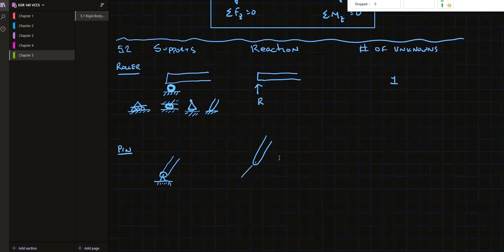So we're going to get one of two things. We can represent this like this with a simple reaction, but we also have an unknown direction, alpha. Or we can represent it like this, where we have two forces, an Rx and an Ry. So this is broken down into two forces. This brings two unknowns.